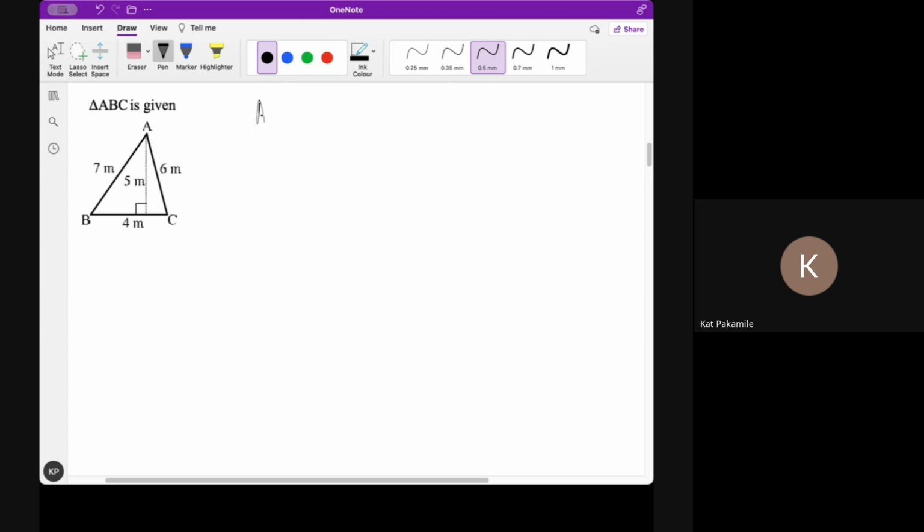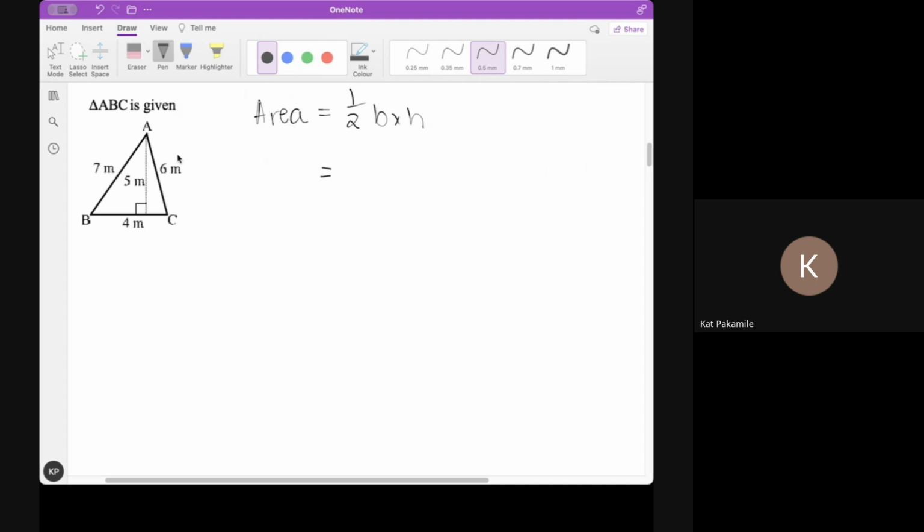Okay, so the area of a triangle is half of the base times the perpendicular height. What is the base for this specific triangle that we're looking at here?